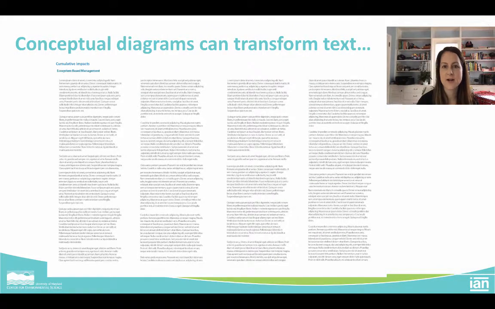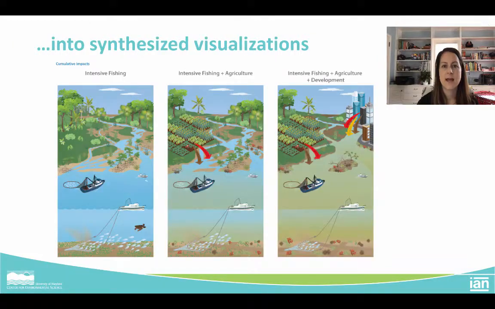So conceptual diagrams can transform written text into visual elements. You can take 2 pages of text talking about cumulative impacts and ecosystem-based management that could contain a lot of scientific technical jargon and turn it into really reader-friendly synthesized visualizations. This is an example showing cumulative impacts on a coastal ecosystem.